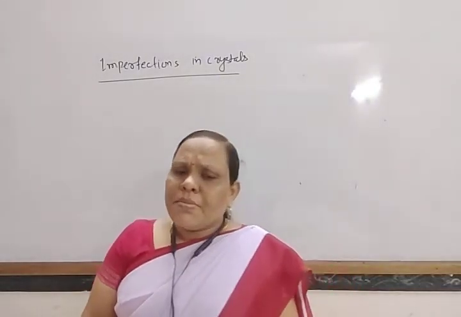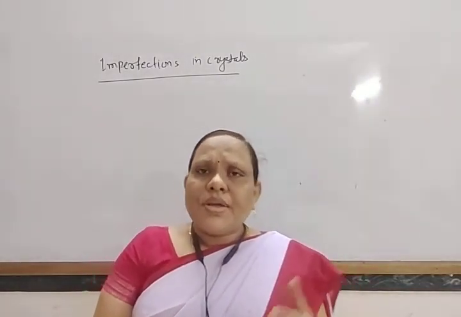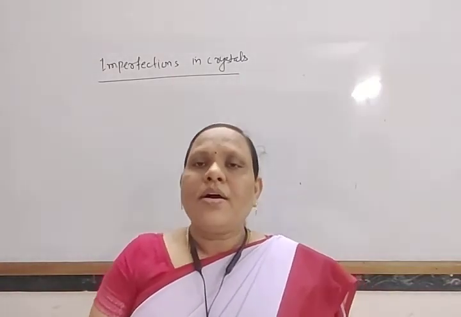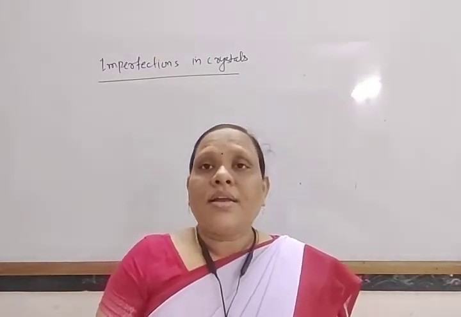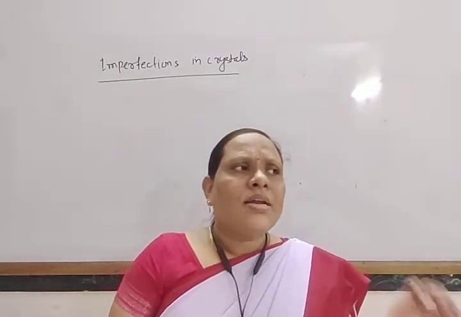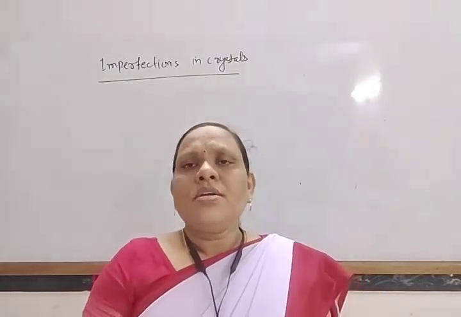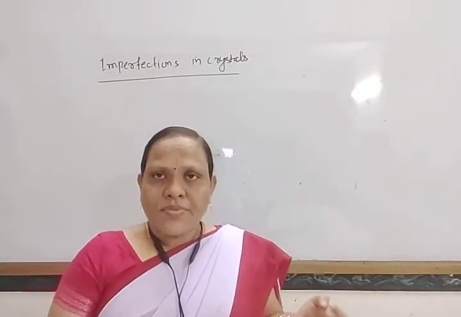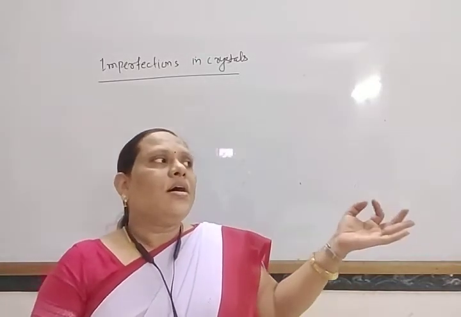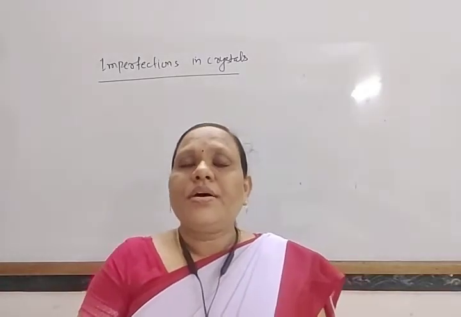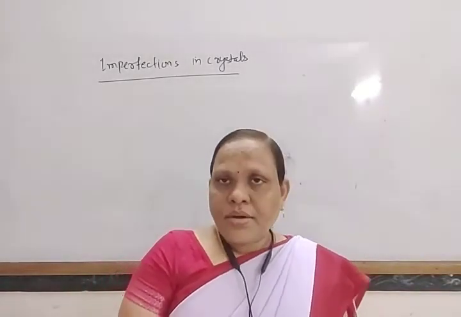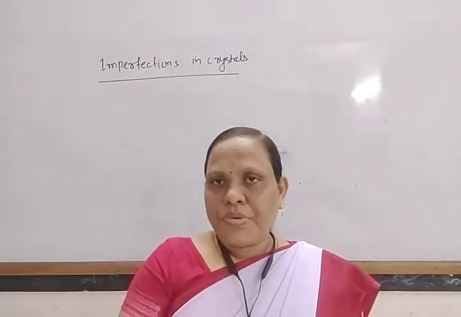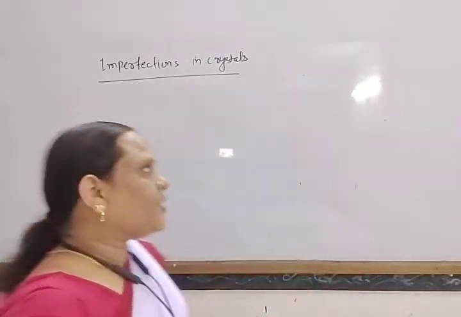When an imperfection arises around a point, that is, around an atom or around an ion, that type of imperfection is called point defect.